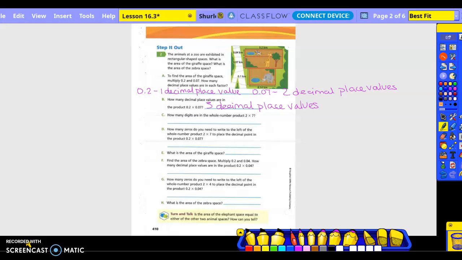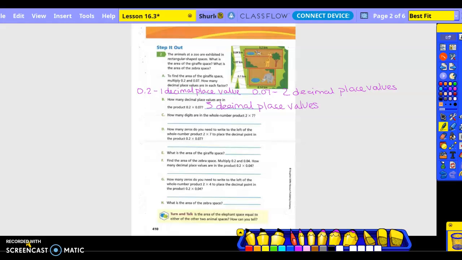How many digits are in the whole number product of 2 times 7? Well, since we would do 2 times 7, you'd get 14. So you only have 2 digits.